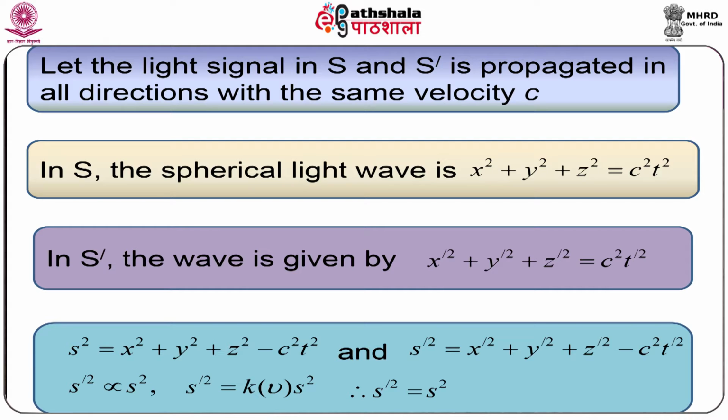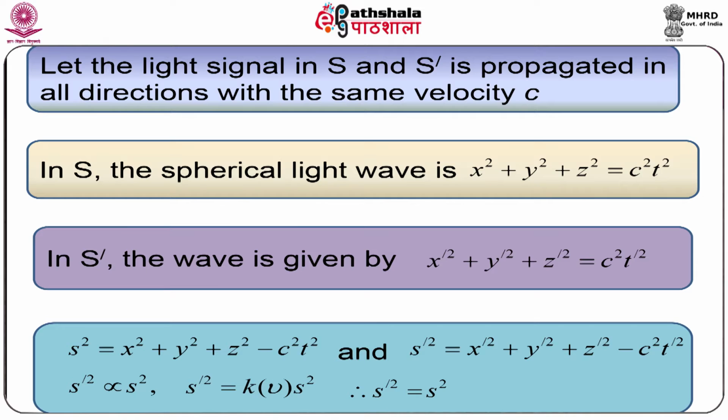Please note that the frame S is fixed, while the frame S' is moving with uniform velocity v in the common direction of x and x' axis. So, x, y, z, t and x', y', z', t' have a linear relationship. Thus, we can write s' square is proportional to s square.